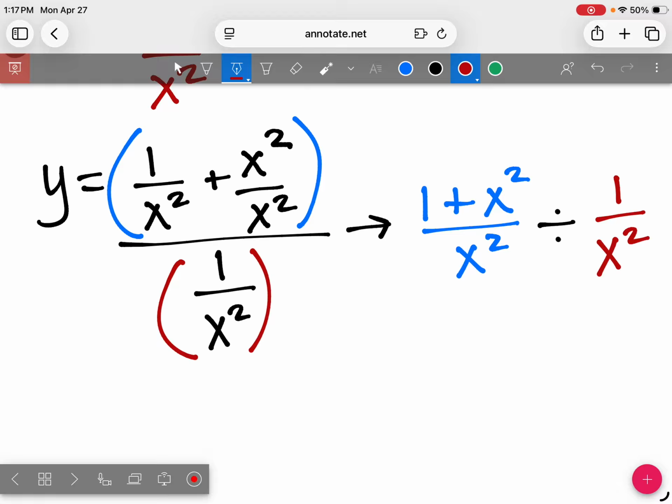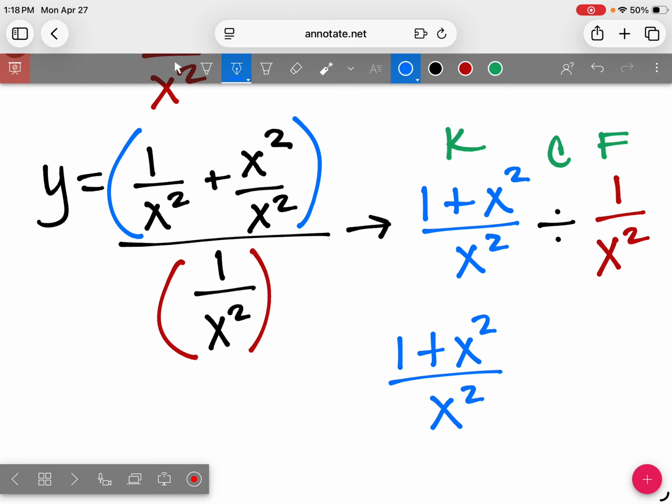So what I did was, when you have a common denominator, you can make a single fraction. How do we divide fractions? Keep, change, flip. Let's do it. Keep, change, flip. Times x squared over 1.